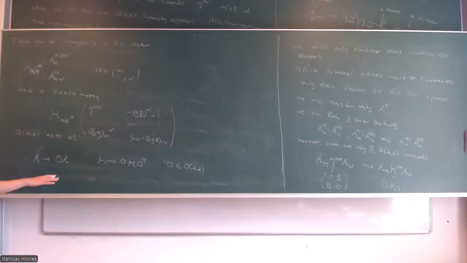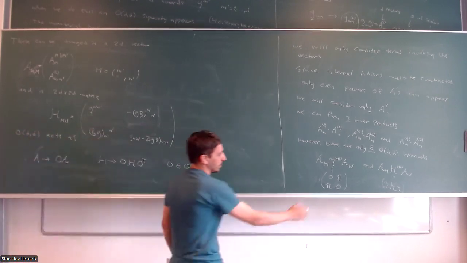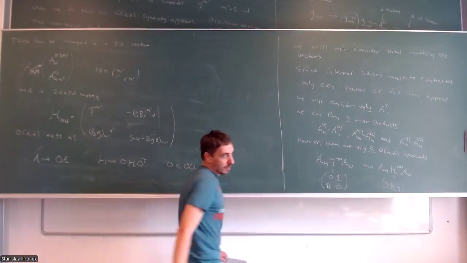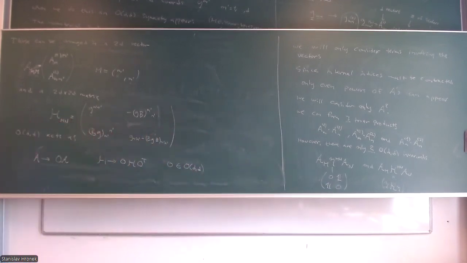Those are the things that manifest the O(d,d) invariance because of these transformations, and the fact that O(d,d) by definition preserves split signature. And those are the only invariants that I can write.